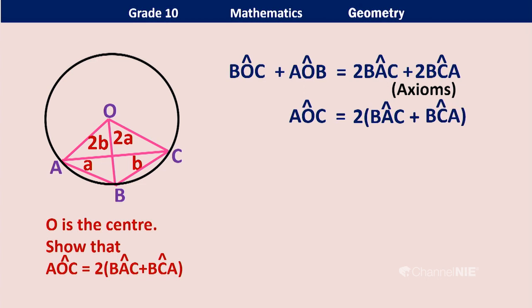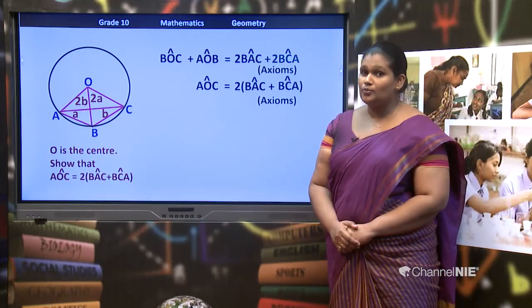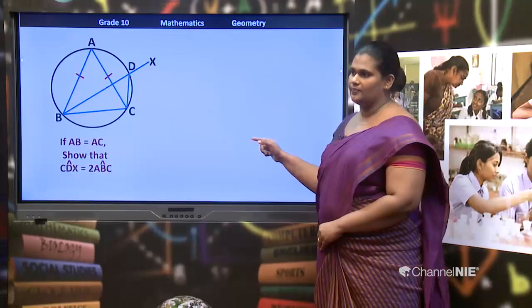So, that is what they have asked us to show in the question. So, we got the relationship of angle AOC equals twice of the sum of the angles BAC and BCA. So, that is the end of the second question that I want to discuss with you related to the proofs. So, we will move on to another question.